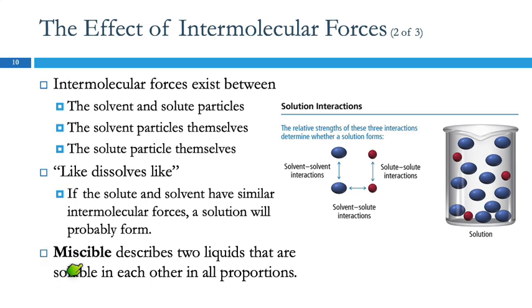And we also learned the word miscible or miscibility. Miscible describes two liquids that are soluble in each other in all proportions. So here in this illustration, we've got interactions between the solvent particles, we've got interactions between the solute particles, and we have interactions between the solvent and the solute. And whether a solution will form depends on the types of those interactions and how strong they are.